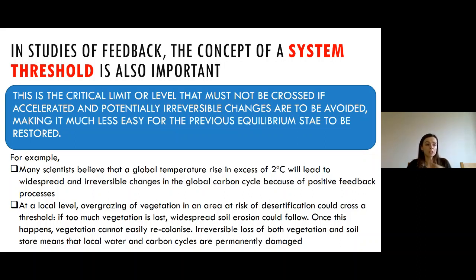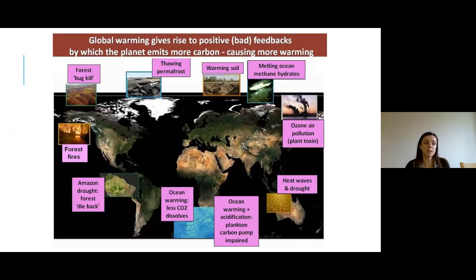Okay. On the screen here now, we've got a map showing just some examples of positive feedback and places where the tipping points are very real, the risk is real. So remember, tipping points are thresholds where a tiny change could push the system into a completely new state.